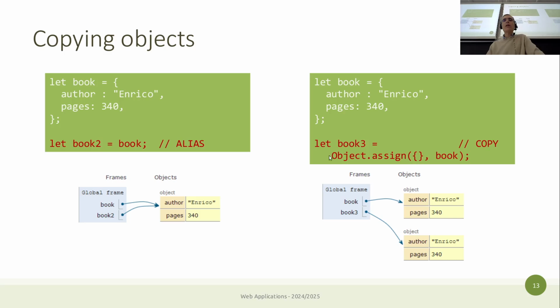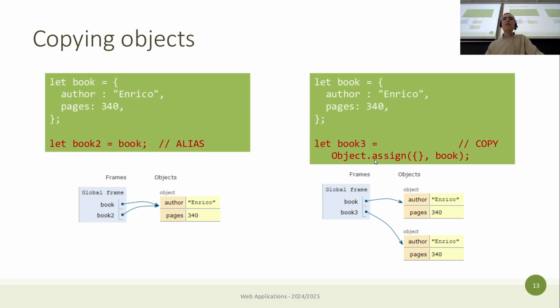Well, there are a few ways to do this, again, as with the arrays. One of the basic ways to do it is using a predefined method of the JavaScript library functions. So Object is a predefined object, as Array, as Function, as Math, and so on.